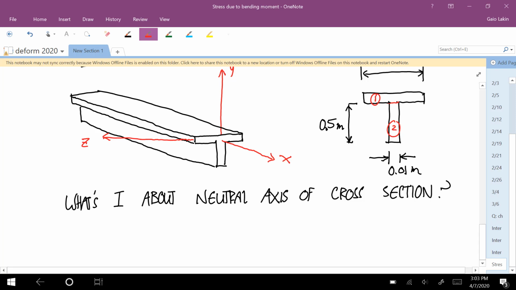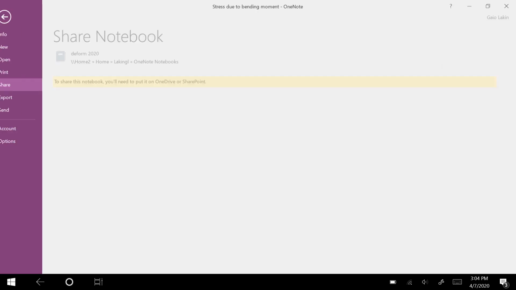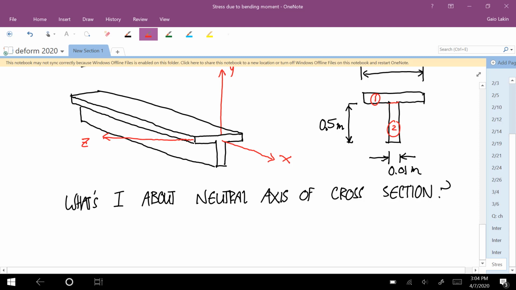Neither of those is the neutral axis of the whole shape. So what we're going to have to do is calculate the centroid of the whole shape, use the formulas to calculate the individual area moment of inertias of the 2 individual rectangles, and then use the parallel axis theorem for each of those to move the axis from the centroid of the individual rectangle to the centroid, the neutral axis of the whole shape.